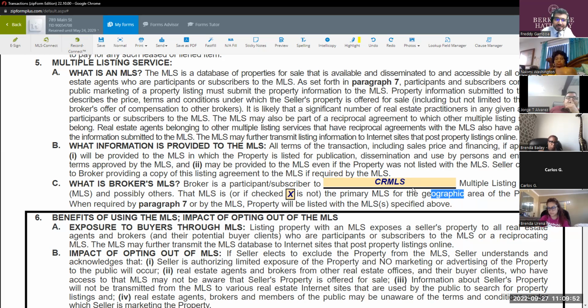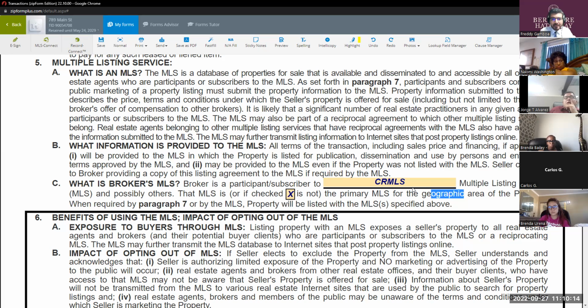Can you take a listing? Yes, you can. But the best way is to join the local board in San Diego as well, because just like the MLSs, they also have different lockboxes to get into those properties.